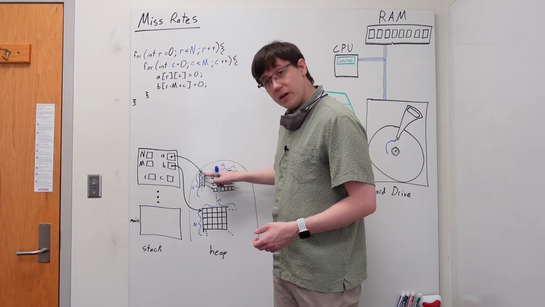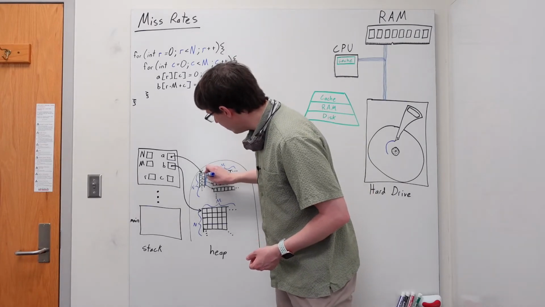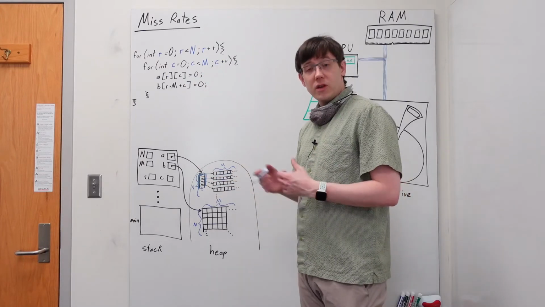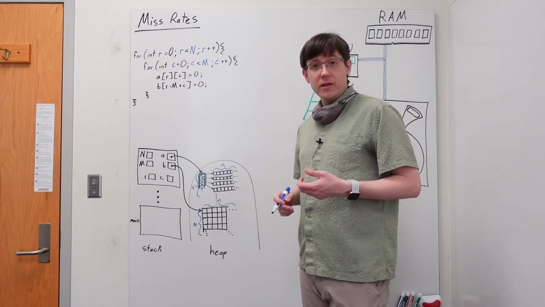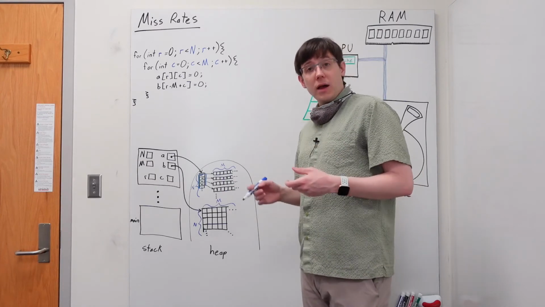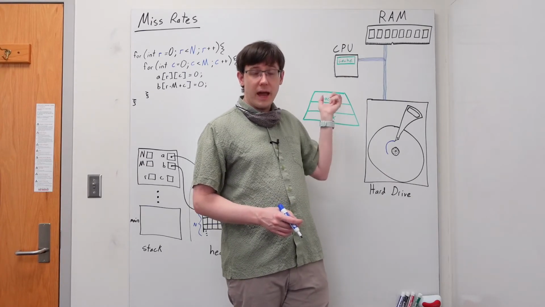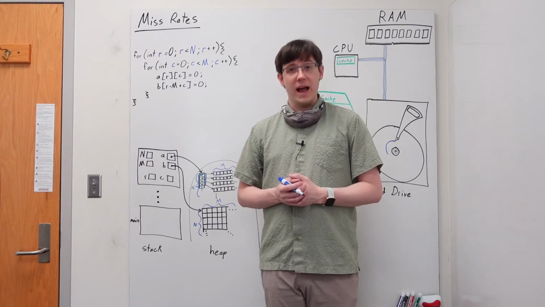So we will get not just this entry in the array, but in fact the next few entries in the array. How many entries come along as a part of that block depends on the size of blocks that our system moves between the RAM and the cache, and on the size of the data type that we are accessing.